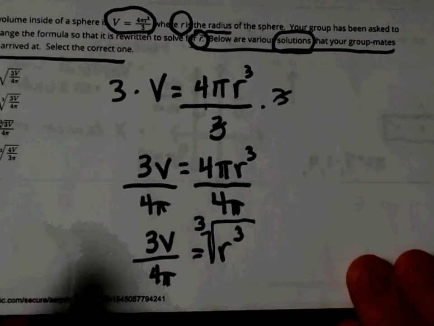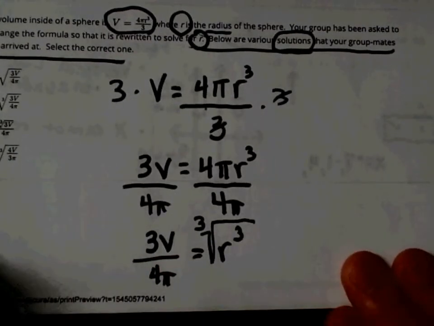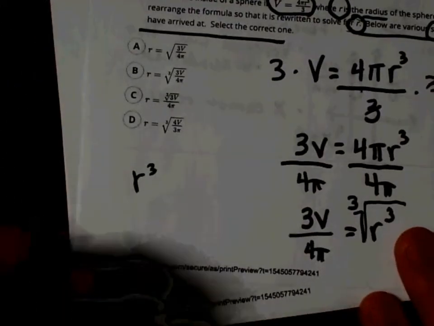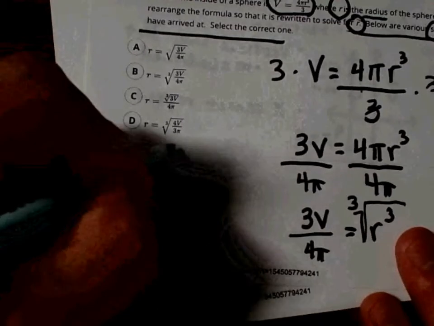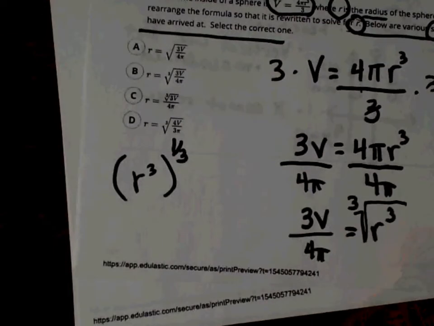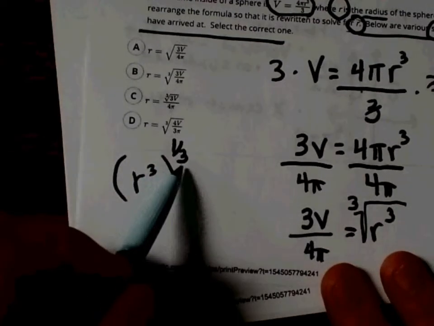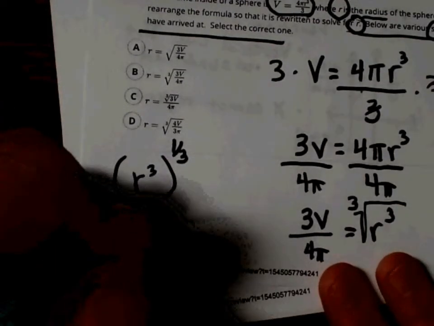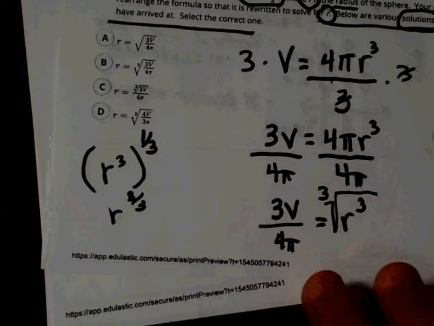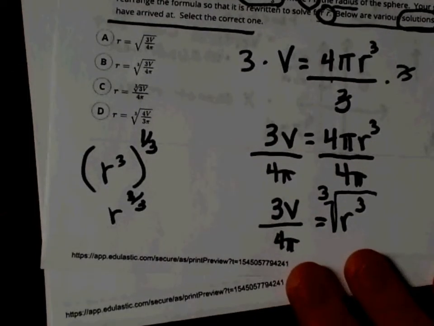Now, we just talked about fractional exponents a while ago, so if I have r cubed like this, what if I raise it to the 1/3 power? We just talked about fractional exponents where the power is the 1, the root is 3, so this is going to become, when I do the power rule, 3 over 3. What does 3 over 3 reduce to? It's going to be r.